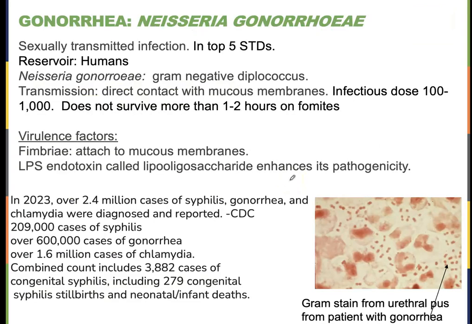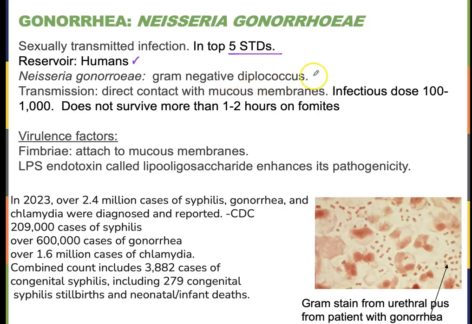All right, so coming into gonorrhea. Gonorrhea is a sexually transmitted infection caused by a bacteria called Neisseria gonorrhoeae. It is in the top 5 of our STDs, and it's only found in humans. So if it's only found in humans, how do we get it passed on from other humans? Normally it's from people who are asymptomatic.